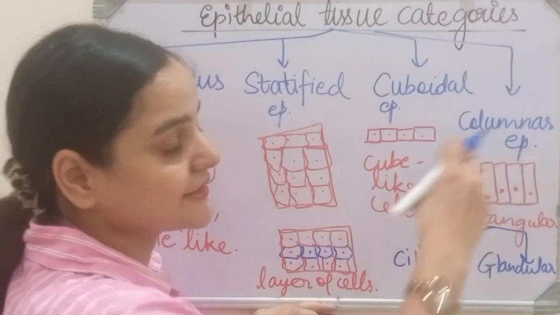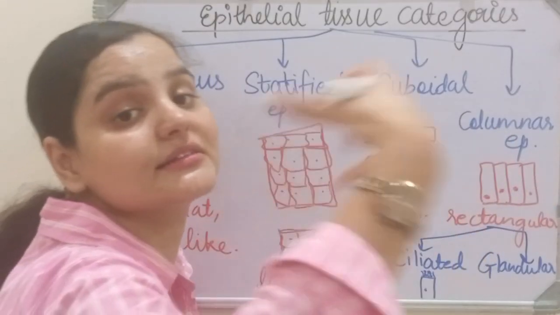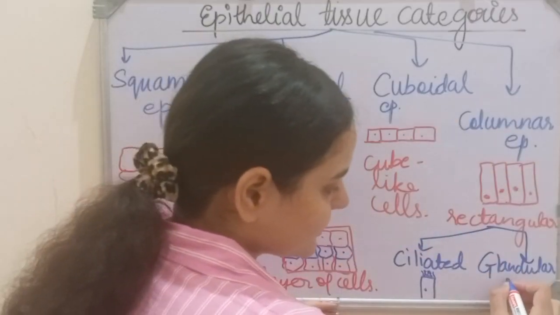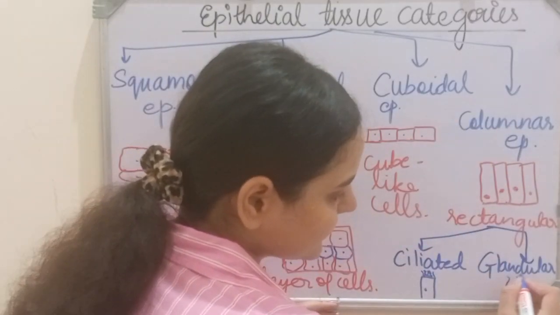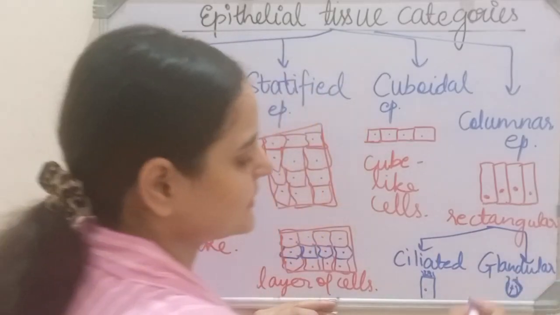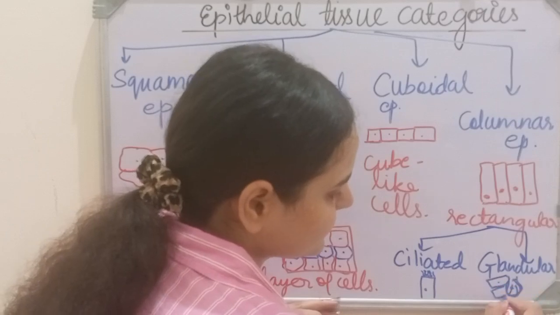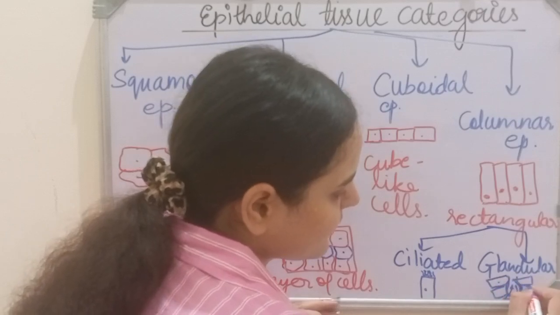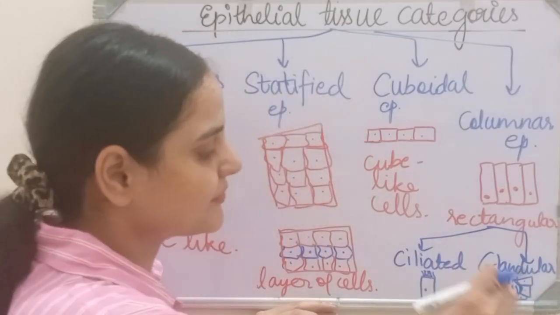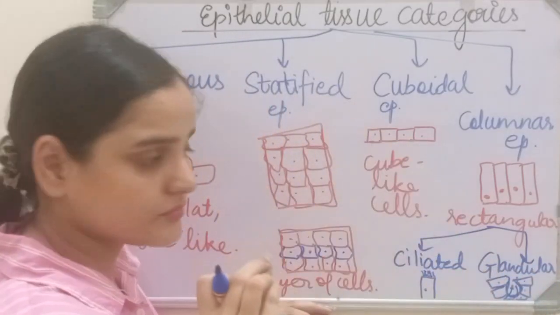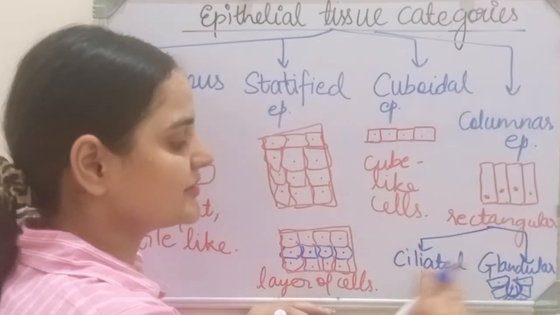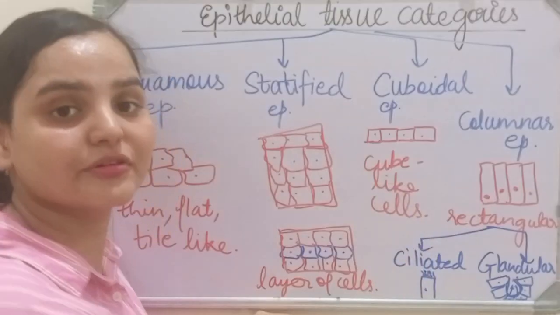Now there are certain columnar cells which secrete certain substances like mucus. So this is how a glandular epithelium looks. From here the secretions will be released. So because of these functions, columnar epithelium is categorized into ciliated epithelium and glandular epithelium.